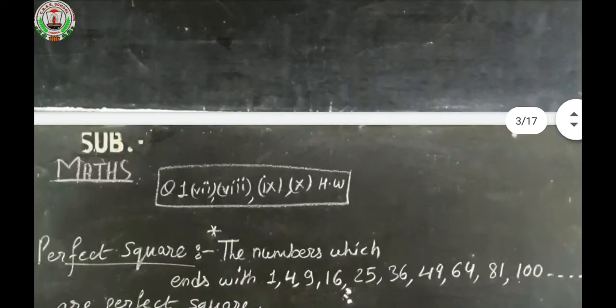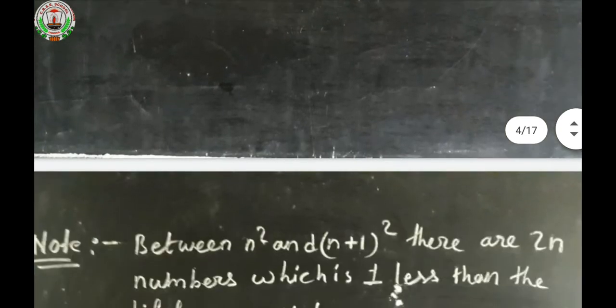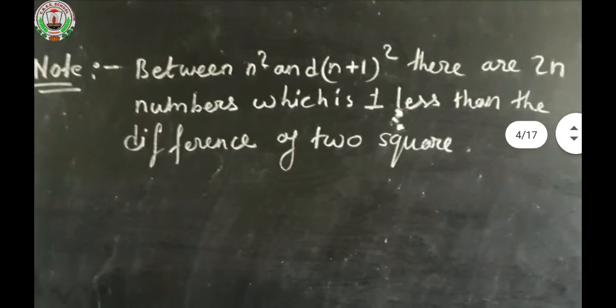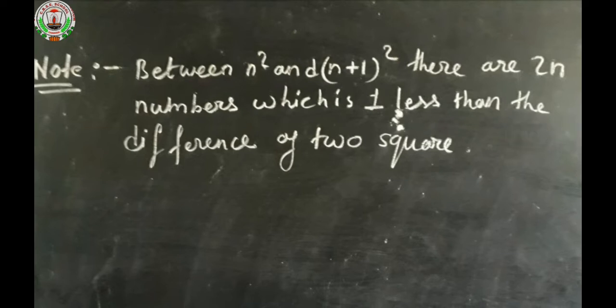Clear? Then the next one you have to note down, as we have done in chapter number 1, rational numbers, that take out 5 rational numbers between 1 by 2 and 1 by 4, like that the question is there, isn't it?